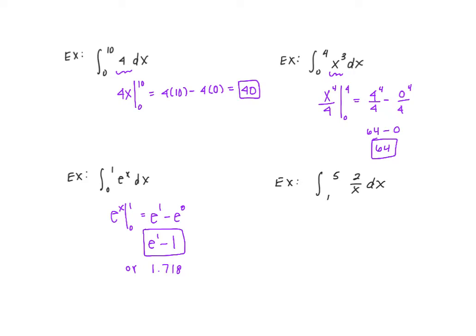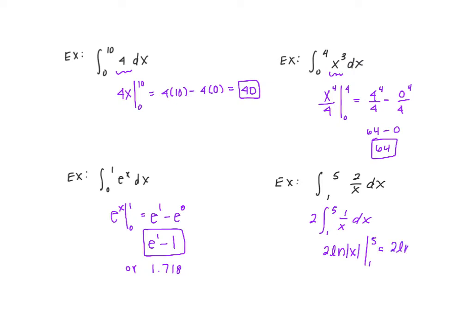Let's look at this next example here. 2 over x. So the integral of 2 over x, I can take out the 2. So now I just have the integral of 1 over x. So I know that the integral of 1 over x is natural log. So I have 2 natural log x from 1 to 5.